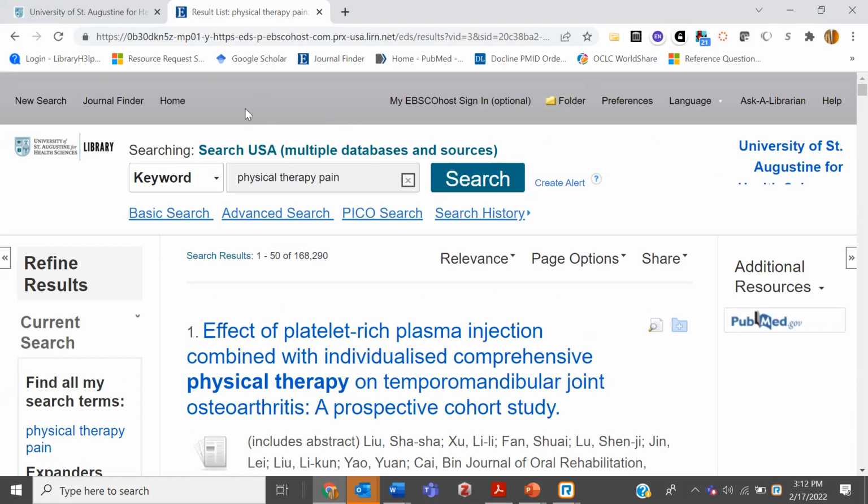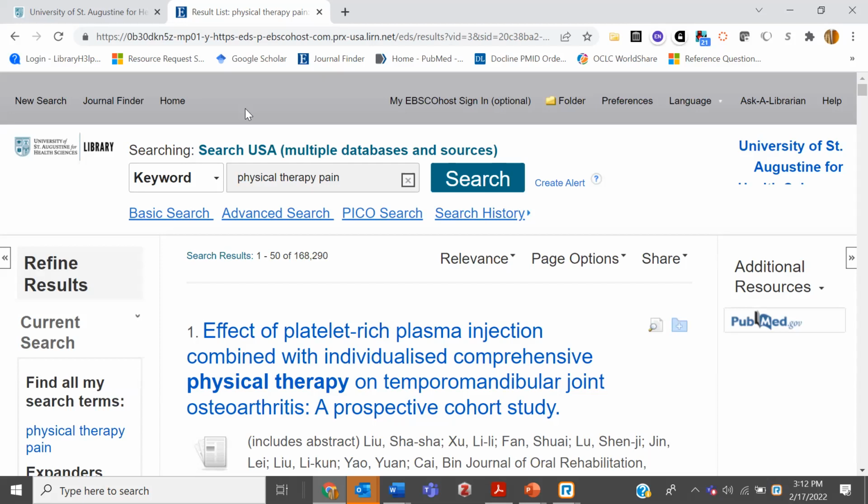Any one of these subject-specific indexes is only going to include information on that topic. So I don't know why I like this example so much, but if I were just searching for pain, I'm going to get very different results if I'm searching in a nursing or a clinical science database than if I'm including, let's say, arts and literature, right?